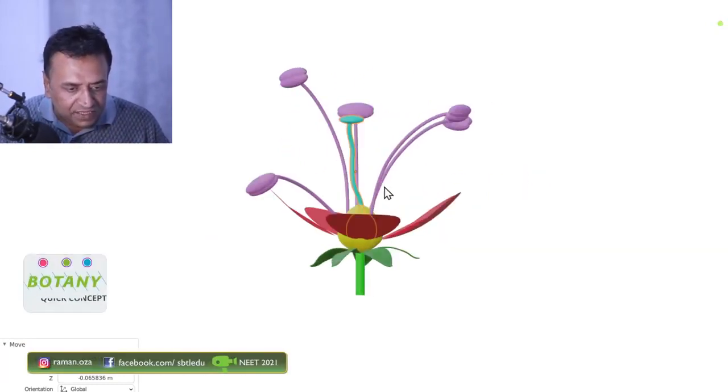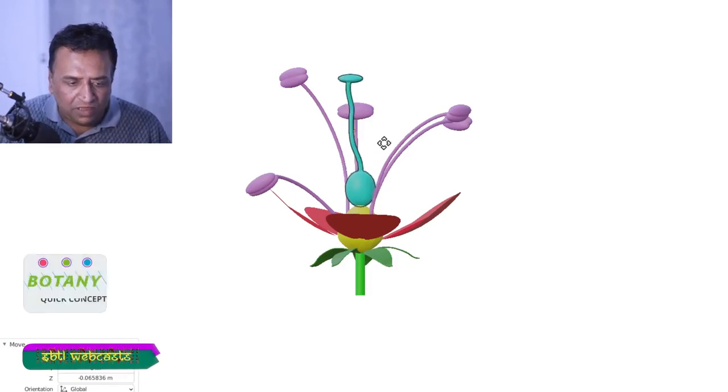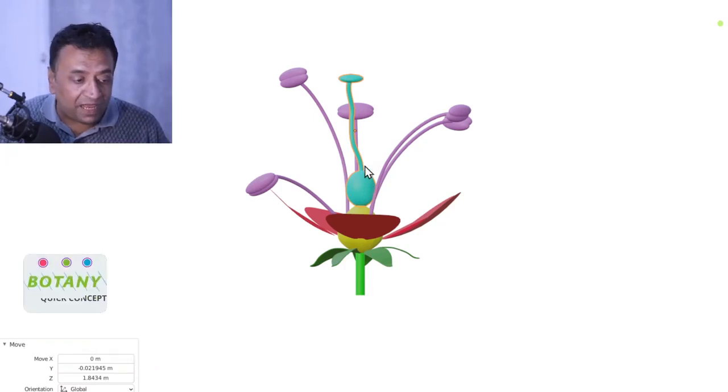If this ovary is above the level of all these floral whorls, then it is superior. It is at the top of the thalamus.